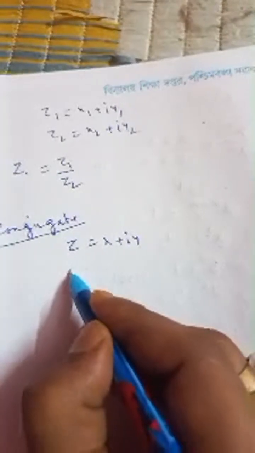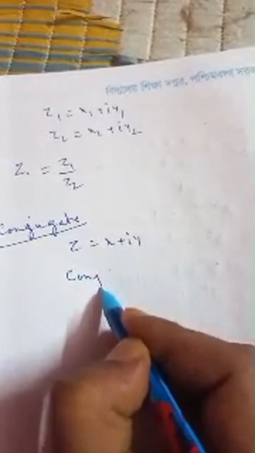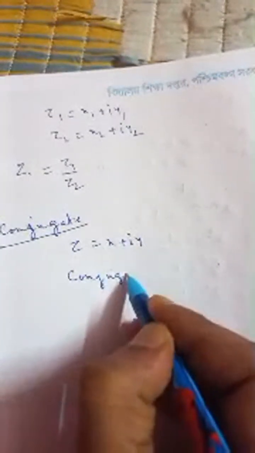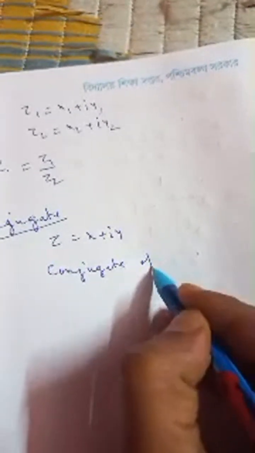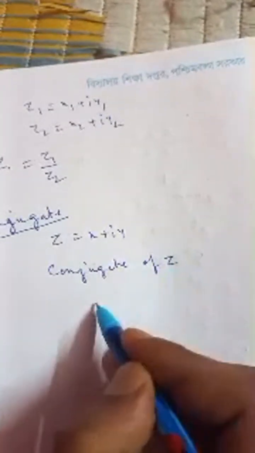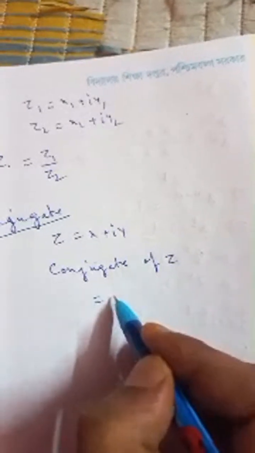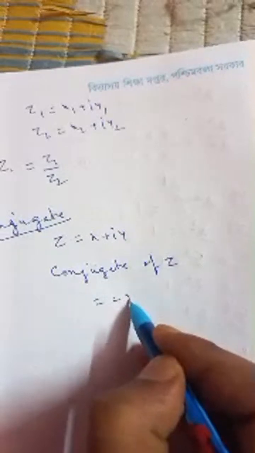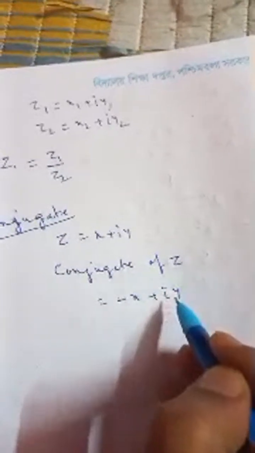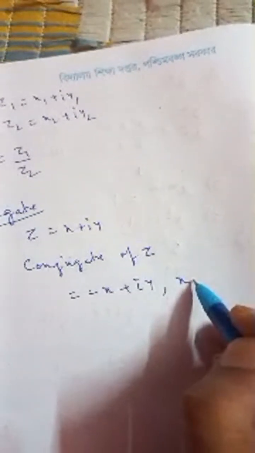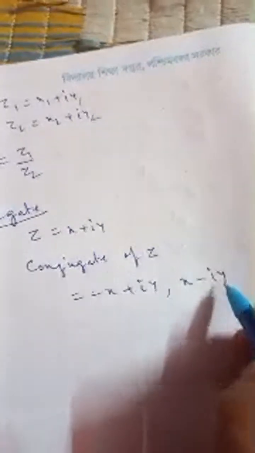Conjugate of z is equal to, we can write down minus x plus iota y, and another one is x minus iota y.